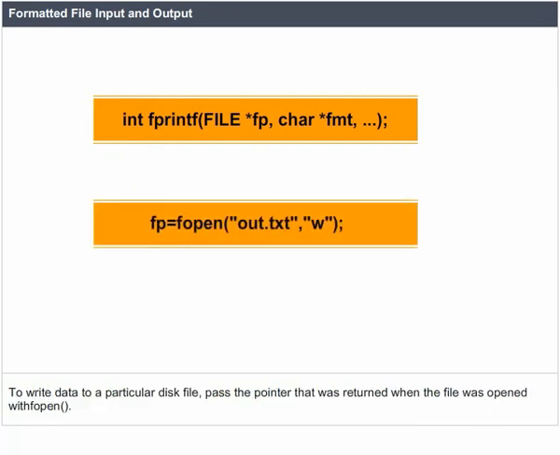To write data to a particular disk file, pass the pointer that was returned when the file was opened with fopen.